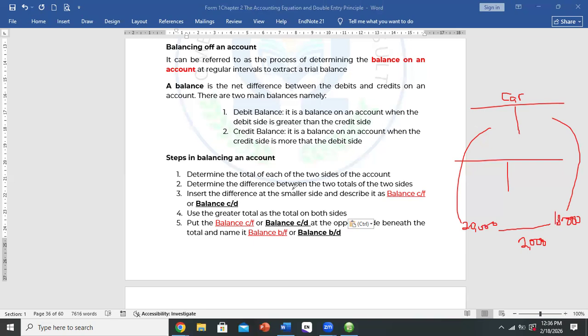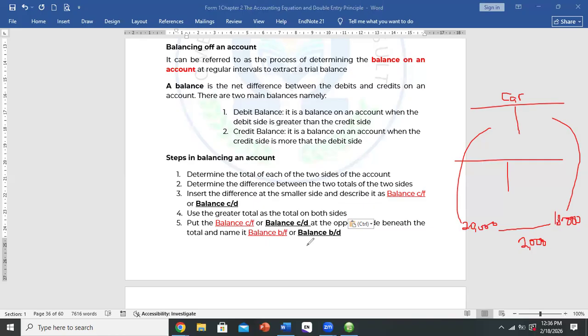Now, after that, you have to bring that carried down to the opposite side and call it balance brought down, or B/D. You can again use B/F here, but B/F is outmoded. We prefer the B/D, brought down. That one too, you have to put a date there, and the date we put there is after the closing date.